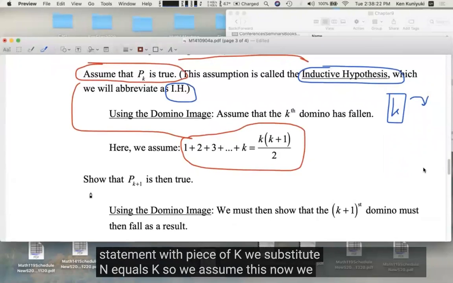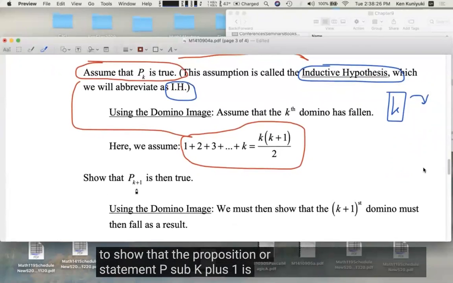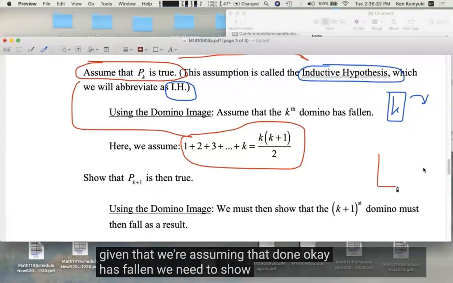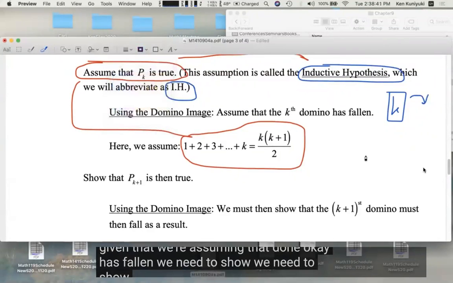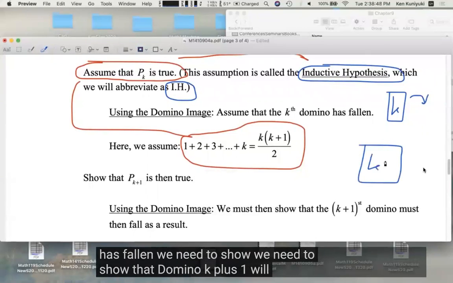Now, we have to show that the proposition or statement P sub k plus 1 is then true. So given that we're assuming that domino k has fallen, we need to show that domino k plus 1 will also fall.